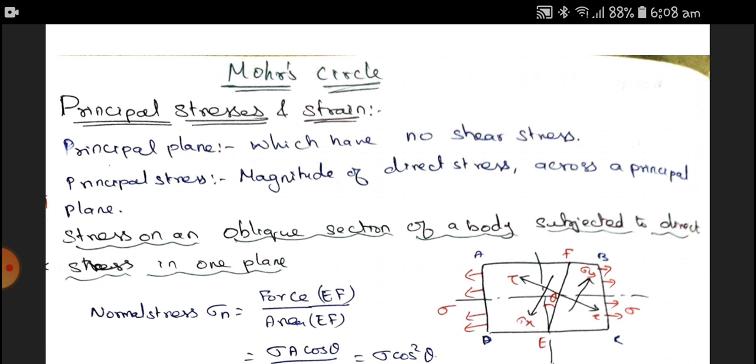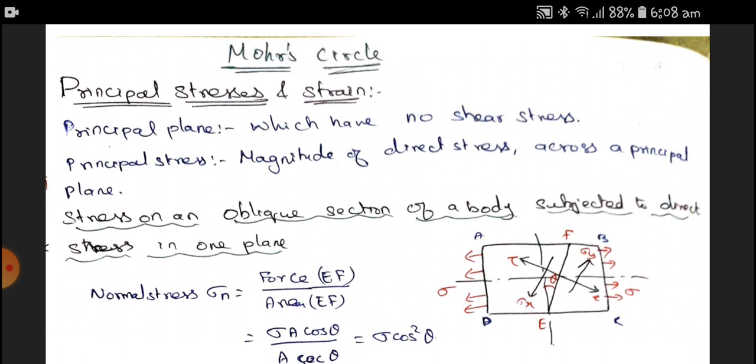Before seeing Mohr's circle, we would like to see what is meant by principal stresses and strain. In simple terms, a plane which has no shear stress is called a principal plane, whereas the principal stress is the magnitude of direct stress across a principal plane.